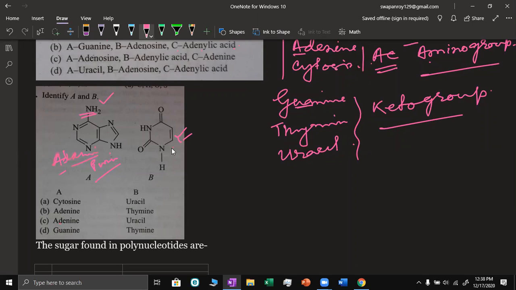And this one is uracil. So you have to decide between thymine and uracil: which one is thymine, which one is uracil? Actually, uracil is the base structure, and thymine is 5-methyl uracil.